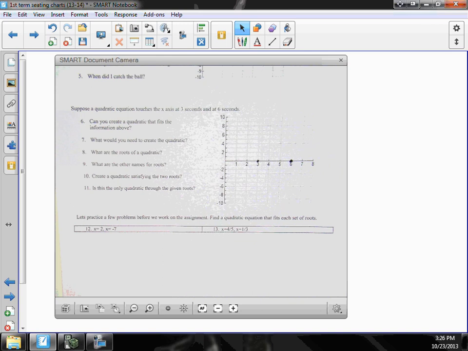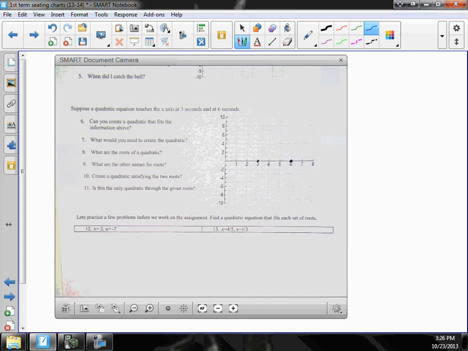And the answer really is no. We know that in order to create a quadratic equation, we need 3 points. So that's the answer to number 7. We need 3 points to create a quadratic equation.